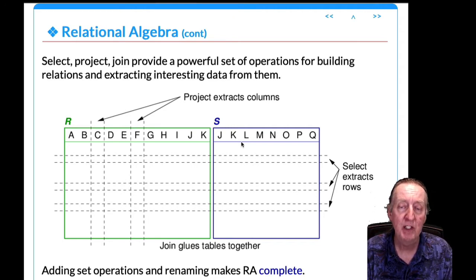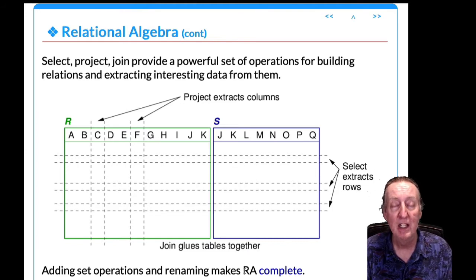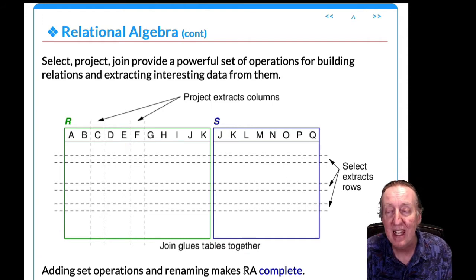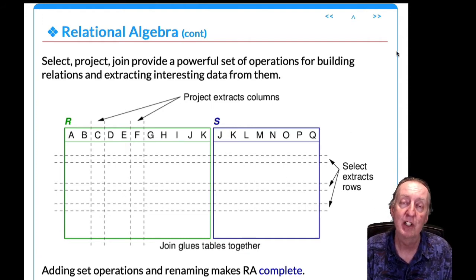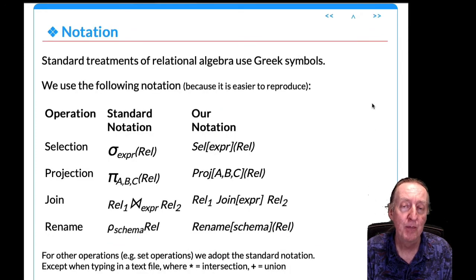If you don't have things in common, you're just going to end up with a cross product, which will be a giant table with not much meaning. And when you add set operations and renaming, you get what's known as completeness in the relational algebra. Basically, an algebra expression can implement any data extraction operation that you can think of.